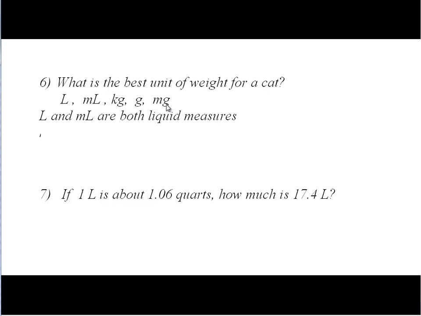Then you have three weight measurements. You have a kilogram, you have a gram, and a milligram. Well, if you think medicine, you take milligram tablets, so you wouldn't weigh a cat that way. Grams are like candy, usually 1 or 2 or 3 grams. Well, that's pretty light, so kilogram is the best. It's about half of a pound.